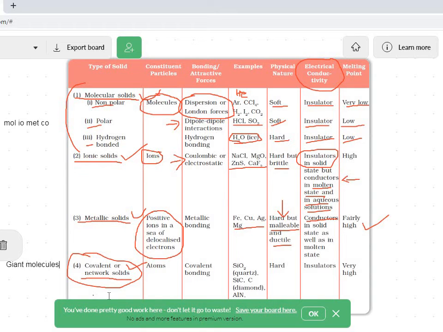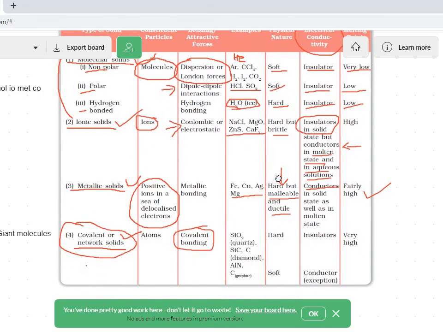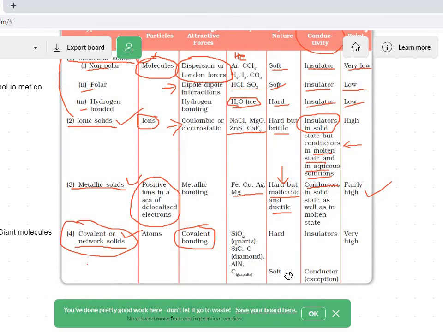So the attractive force is naturally the covalent bonding. The examples are silicon dioxide, quartz, then carbon in its allotropic form of diamond, and carbon in its allotropic form of graphite.